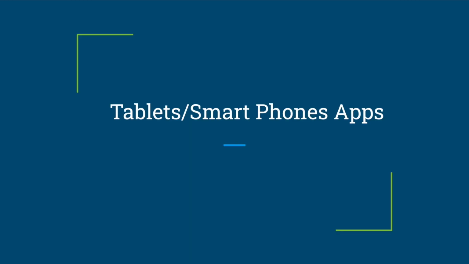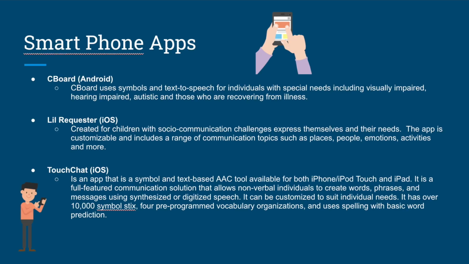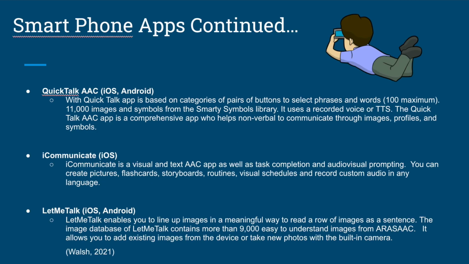The next one I'm going to talk about is tablet and smartphone apps. So there's apps that you can download easily on a smartphone or an iPad. There's Sounding Board, which is available on the Android, Lil Requester, which is on the Apple devices, Touch Chat is on the Apple devices, Quick Talk AAC is available both on Android and Apple.